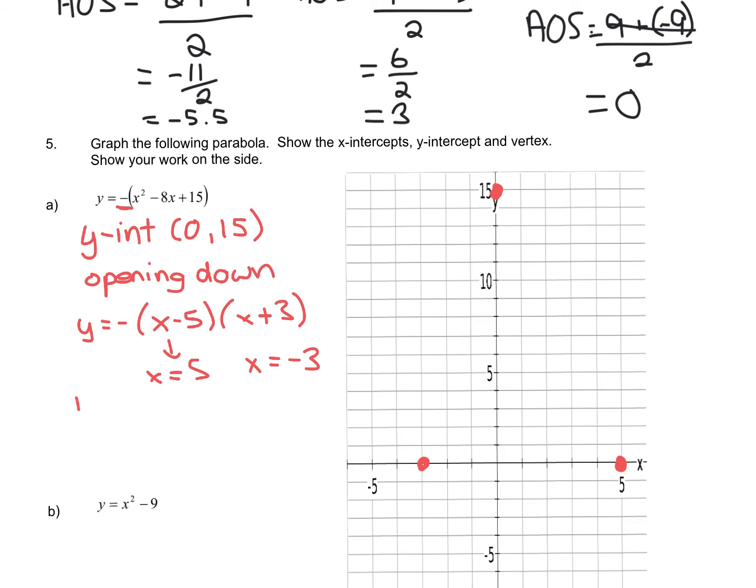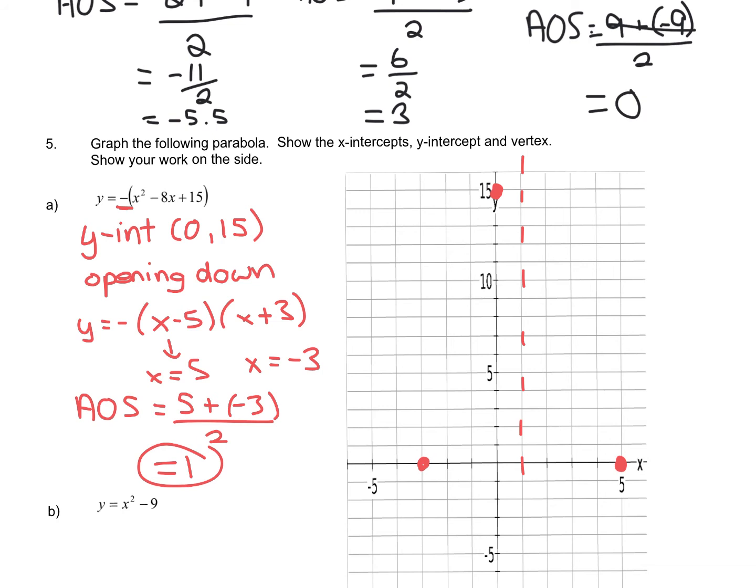But what's also important is you have to use that axis of symmetry to find out where the true vertex is, because you found out where it crosses the y-axis, but you're trying to do more here. 5 plus -3 divided by 2 is 1. So we know that the axis of symmetry occurs here at 1. There's one more step: you have to plug 1 back into the equation to find out the top there, okay?